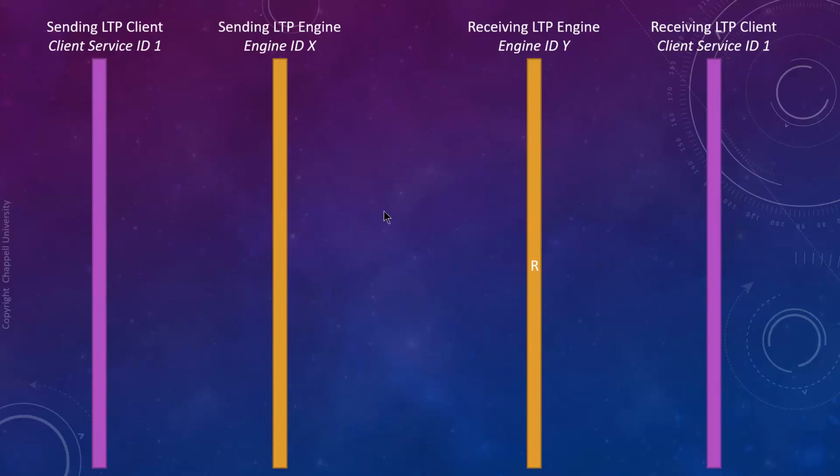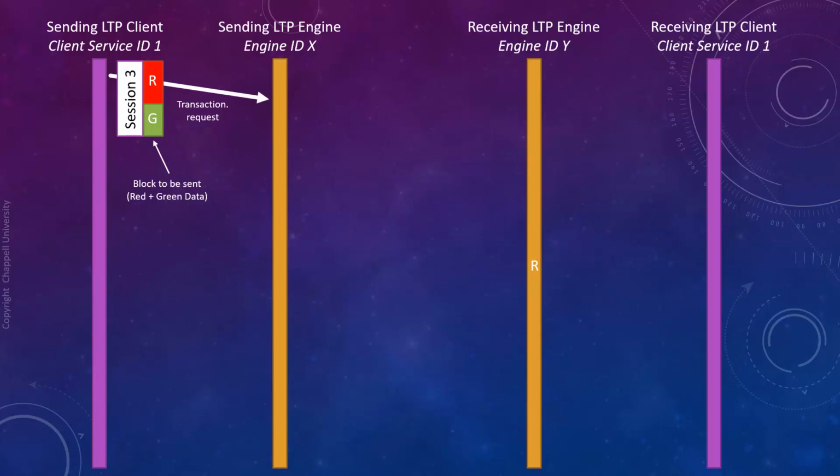When you look at the CCSDS Blue Book, you're going to see the diagram that fits most closely to what I'm going to show you right now, which is the idea of a red and green session, including red data and green data, sent as a single block to a target, and we're going to have a problem with this. So this is what you'll see in that blue book.